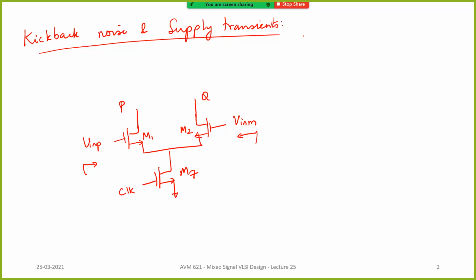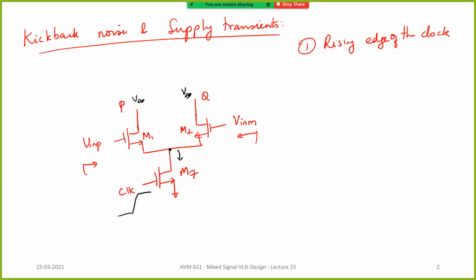Let's see what the mechanisms are. For example, first, let's say the rising edge of the clock. When your clock goes high, what happens? Now this transistor starts to draw current. Where is the current going to come from? These two nodes are at VDD, and by raising the clock voltage, this node falls down.